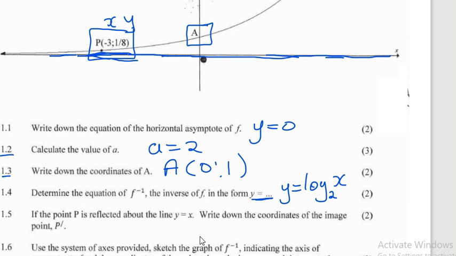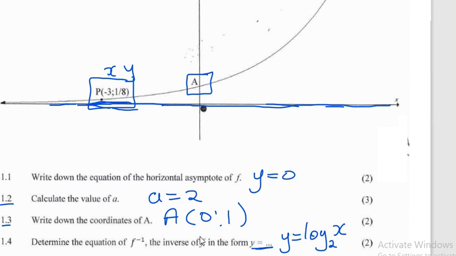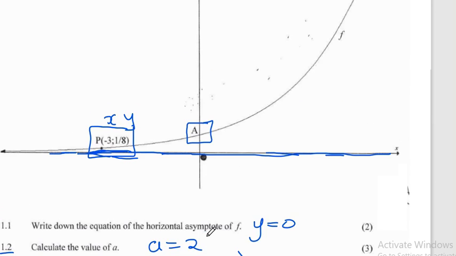1.5. If the point P is reflected about the line y is equal to x, write down the coordinates of the image of P. Okay, so what they are saying here is that if this point is reflected about which line? y is equal to x. So let's have y is equal to x.